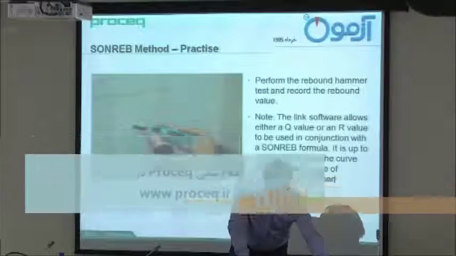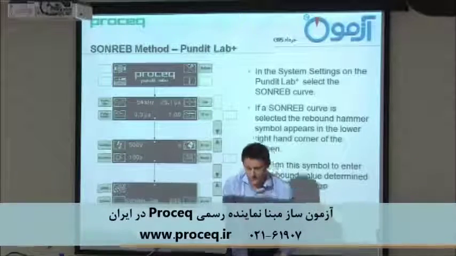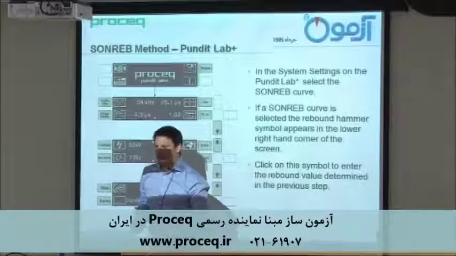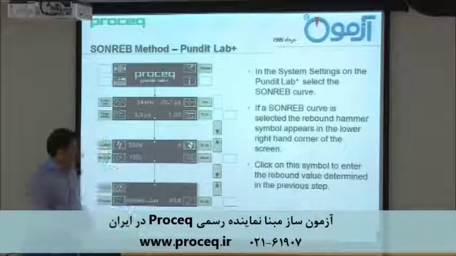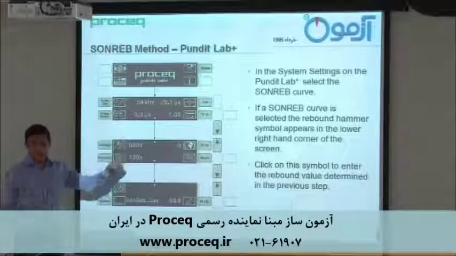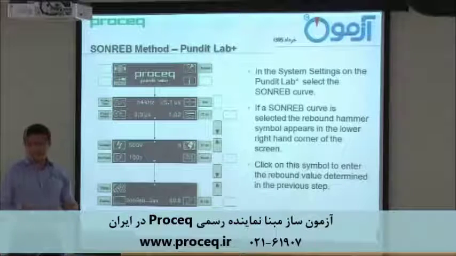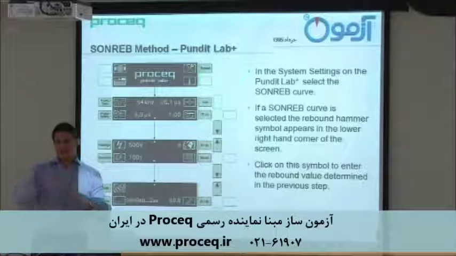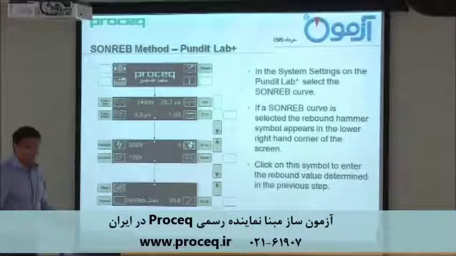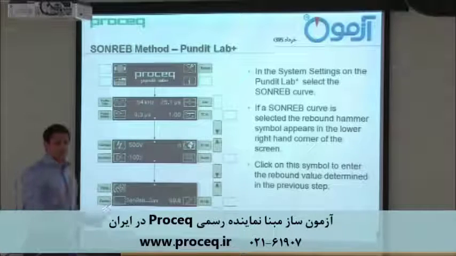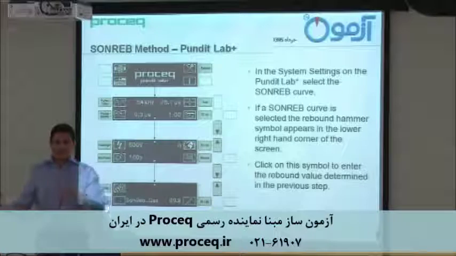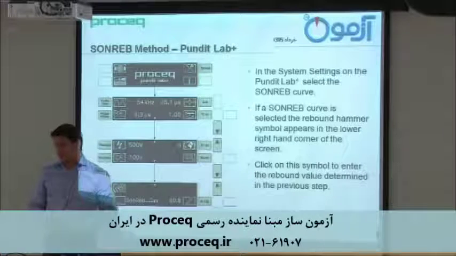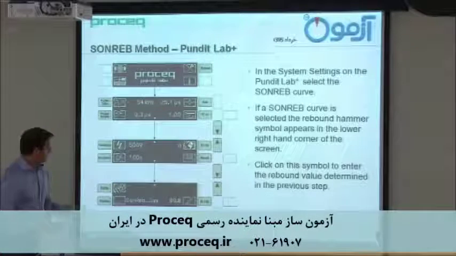For the practice, if we come to the Pundit Lab Plus, you have to be more experienced with the A-scan, because you just get numbers. You get the signals, of course, but you have to read the A-scans. You will see later what the A-scan and the B-scan are. The A-scan is the methodology, the B-scan is a picture out of the A-scan.